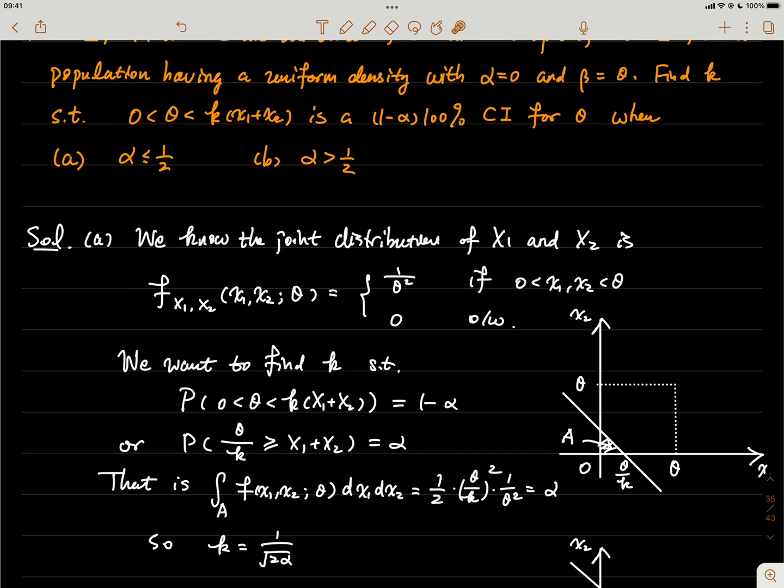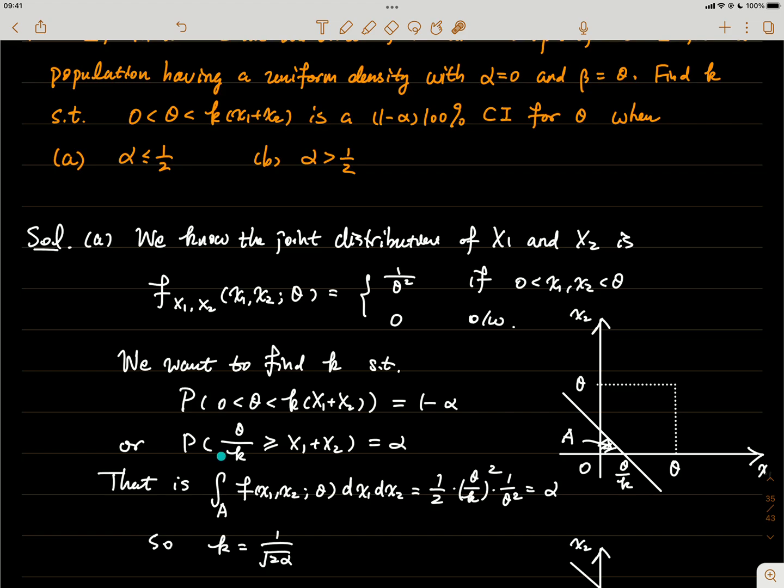We can rearrange this. Theta is greater than 0, so we don't need to worry about that. Looking at this part, the probability that x1 plus x2 is less than theta over k will be equal to 1 minus this probability, which is alpha. So these two are equivalent.